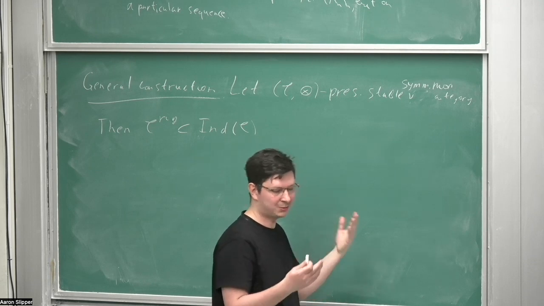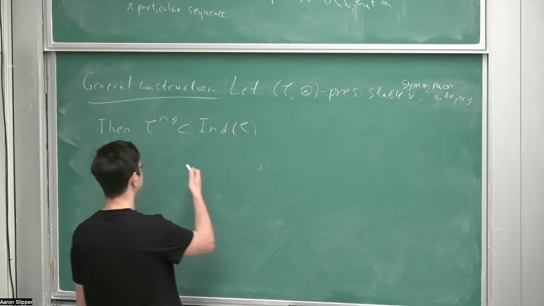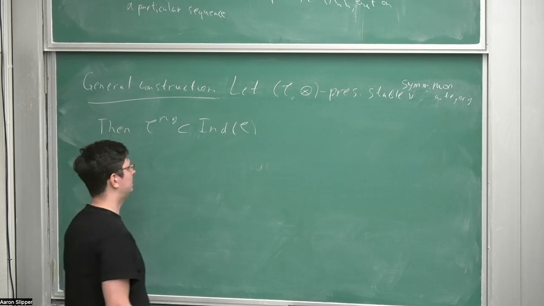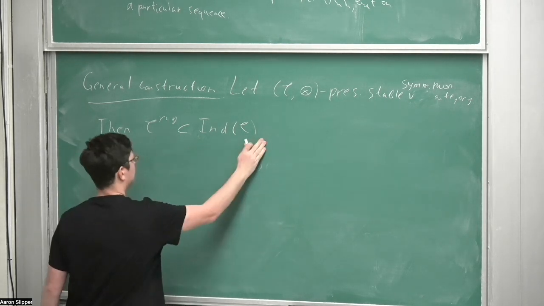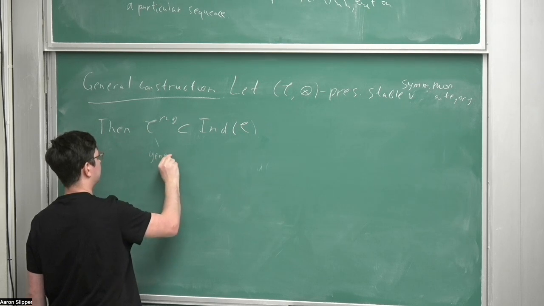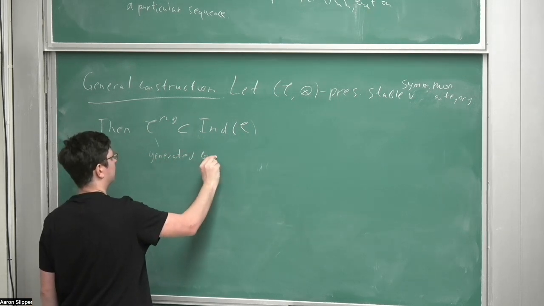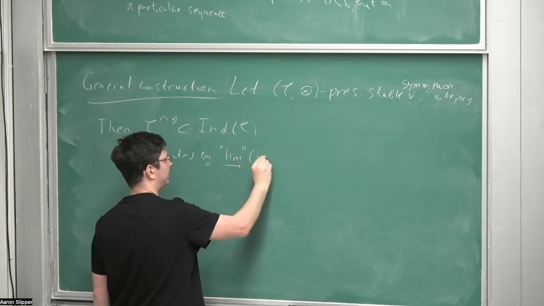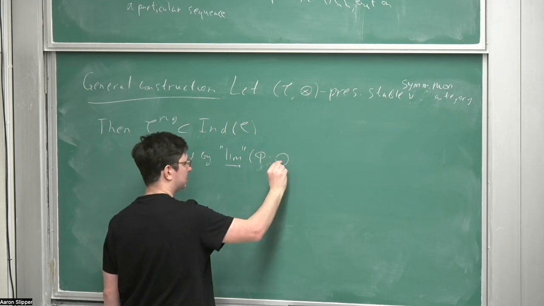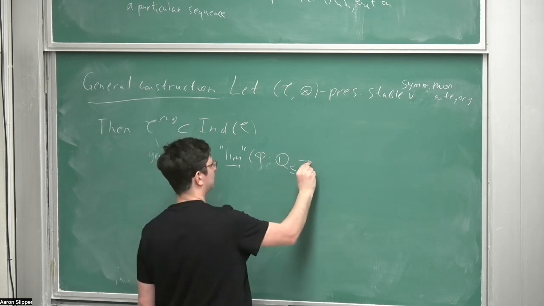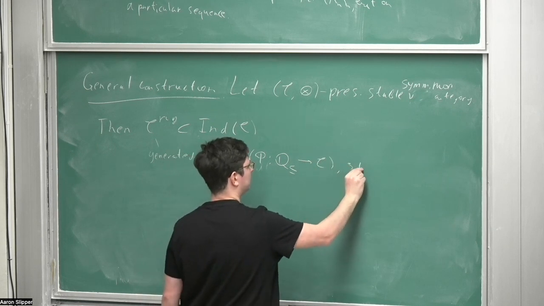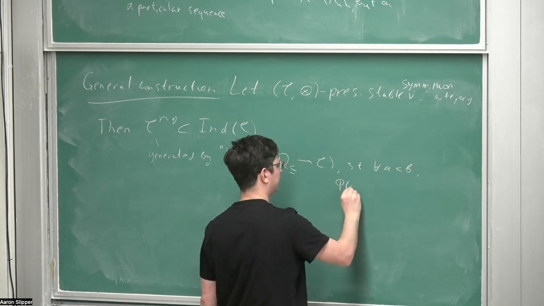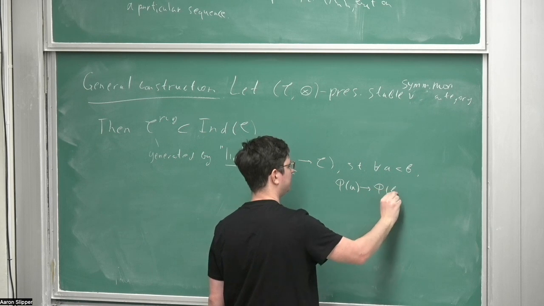Again, semi-explicitly. So it is a certain full subcategory in the ind-completion of C, and it is generated by formal colimits of functors from the set of rational numbers to C, such that for a smaller than b, the map from phi of a to phi of b is strict.